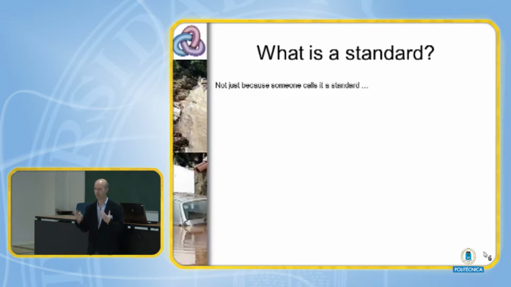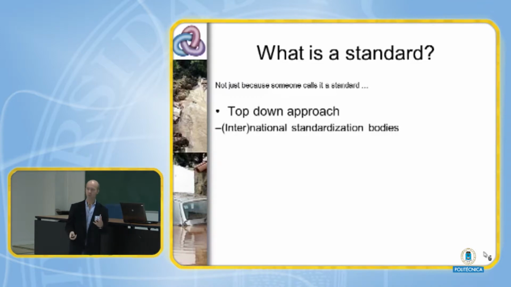Unless that's the only person you are communicating with and you're fine with that. Otherwise you would prefer something that is more widely adopted. There are basically two ways that standards can develop. There is a top-down approach, national standardization bodies or international standardization bodies. What happens if you take a national one? Well, you get a standard plug.